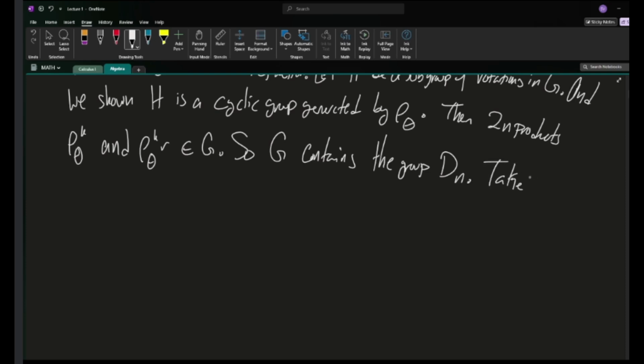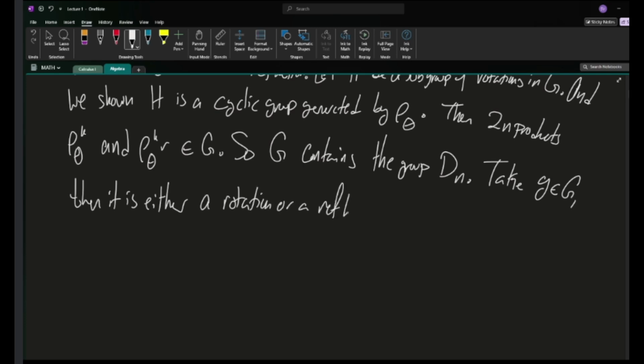Take g in G. Then it is either a rotation or a reflection.